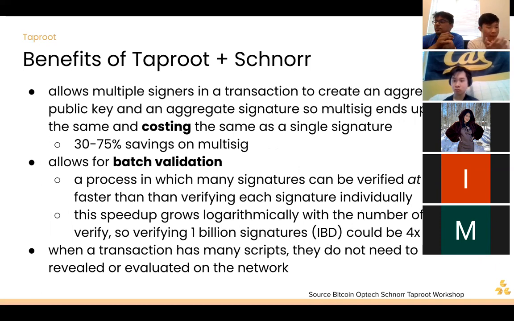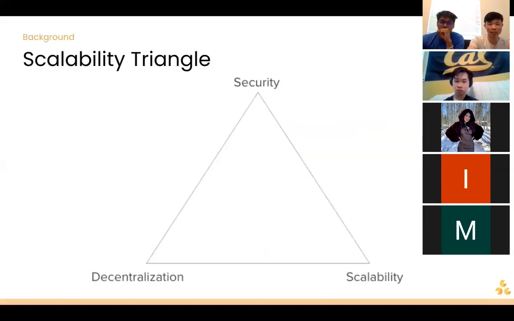So John Newberry in this workshop kind of jokingly said that Taproot doesn't really have that many drawbacks, right? He was kind of joking, but also it is really true. Taproot increases scalability just because signature validation is much faster now. It also increases security because, like I said, there's so much more privacy.